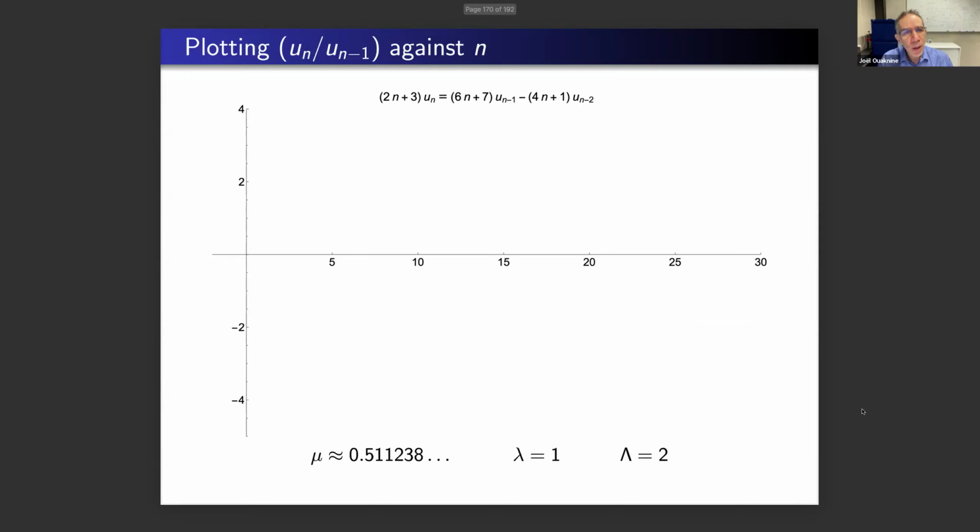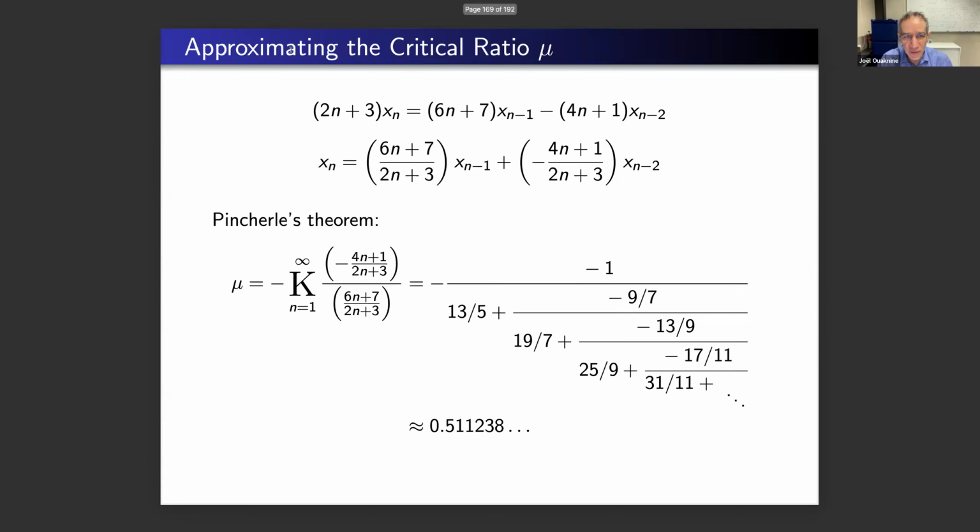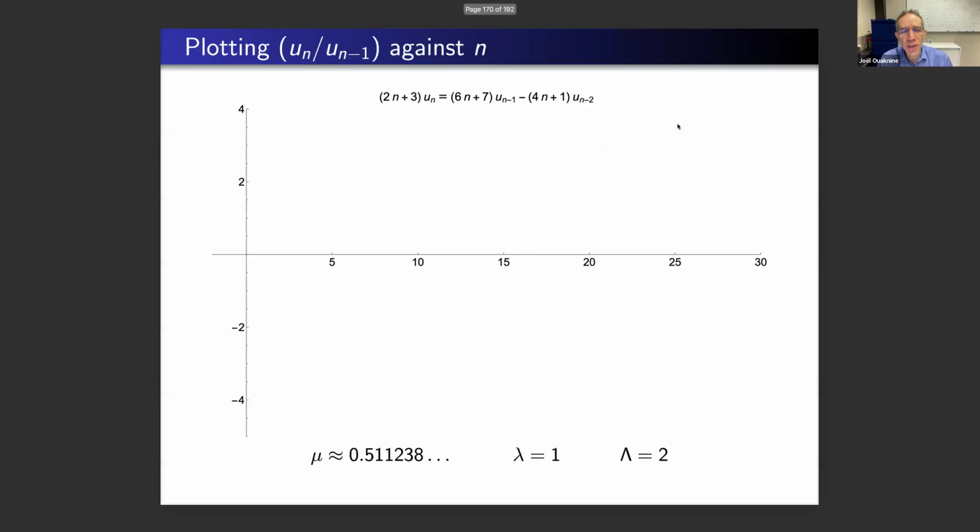Okay, so let me now plot, still for the sequence we have in mind, this recurrence here. I'm going to plot un over un minus 1, the ratio of consecutive terms, against n. So n is on the horizontal axis, and the ratio of consecutive terms is on the vertical axis.